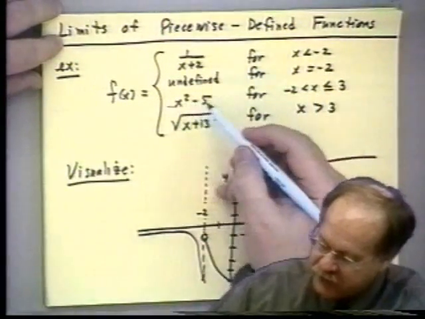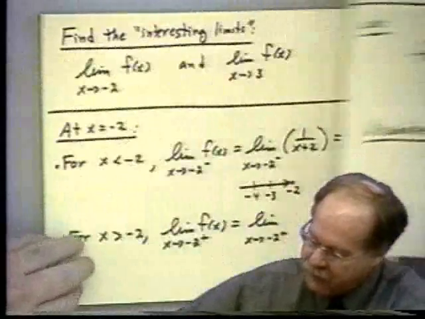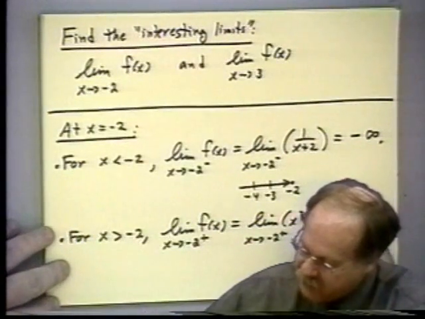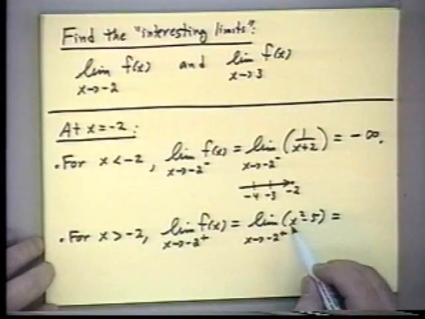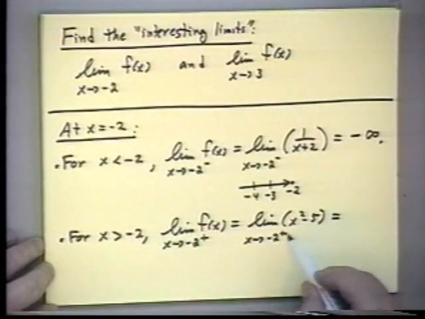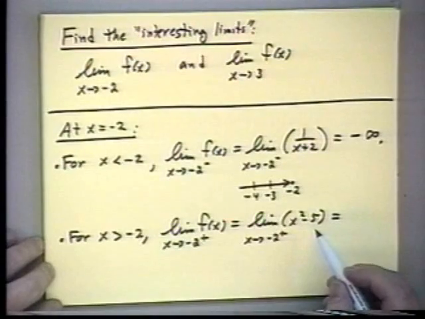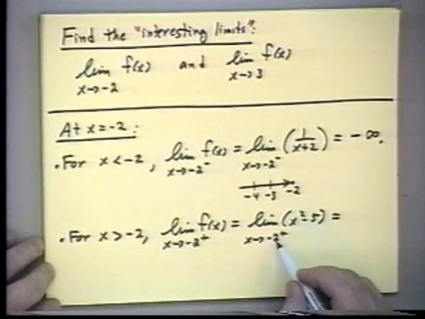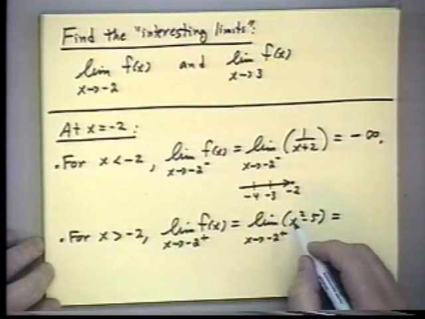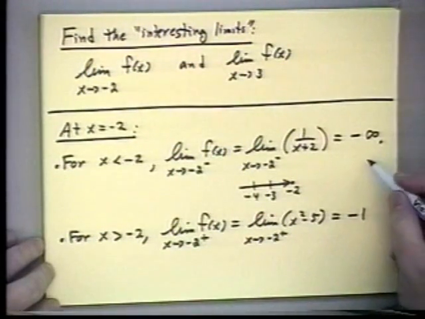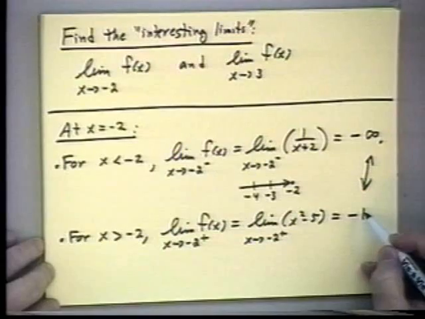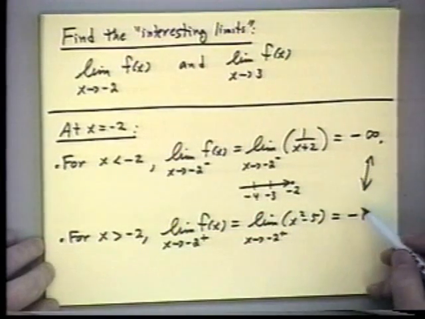Above minus 2 it was x squared minus 5. So this is the limit of x squared minus 5. Now that's a particularly easy limit to take because we already learned that for polynomials, taking a limit is the same thing as substitution. So if I put minus 2 in for x squared, I get 4 minus 5, so that's minus 1. And please note that the two one-sided limits at minus 2 are not equal.